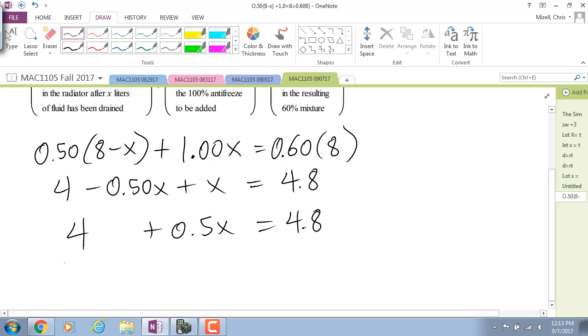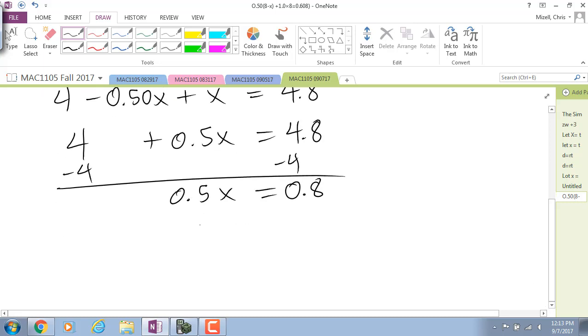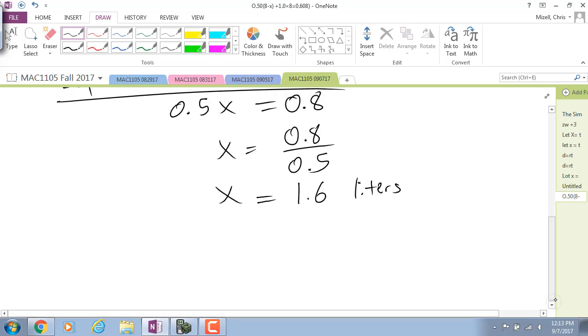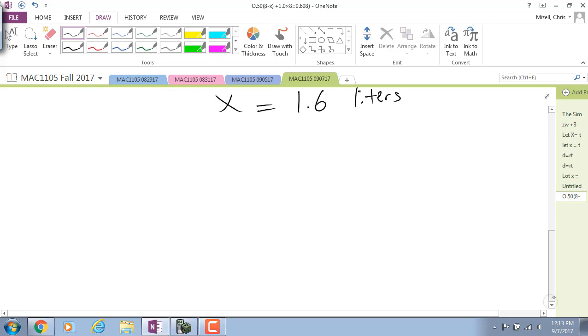Subtract 4 from both sides, and 0.5x equals 0.8. If we divide both sides by 0.5, what do we get? 1.6, and it's 1.6 liters. Have 1 minute and change.